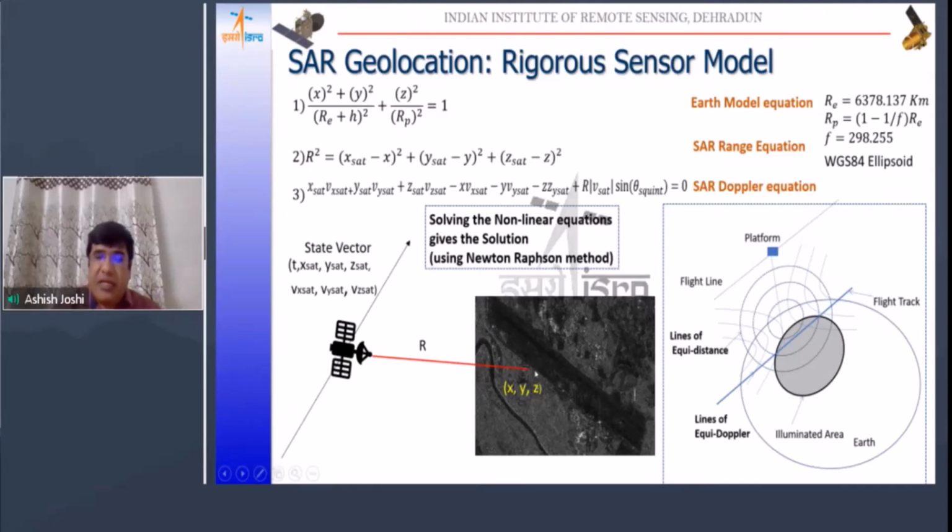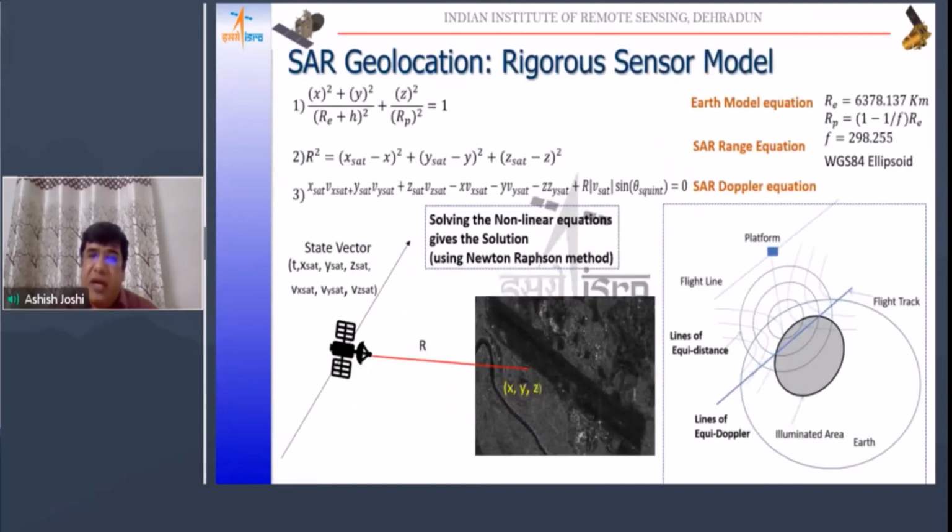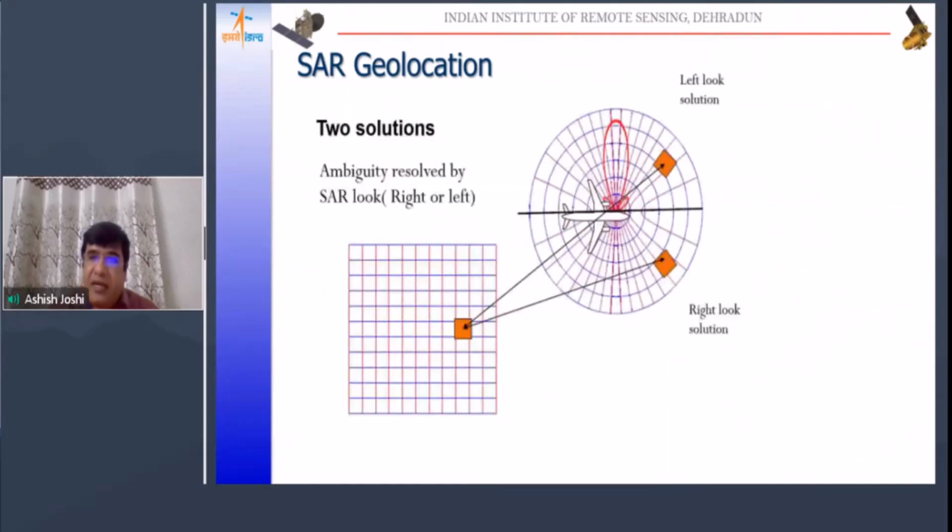So in the previous slide, what we have seen is a non-linear equation and it has a degree of 2, means after solving we have two solutions. So how to find which one is the correct solution? The ambiguity is solved by the right or left look prior information, because from the SAR parameter file we know the SAR is looking either left or right.